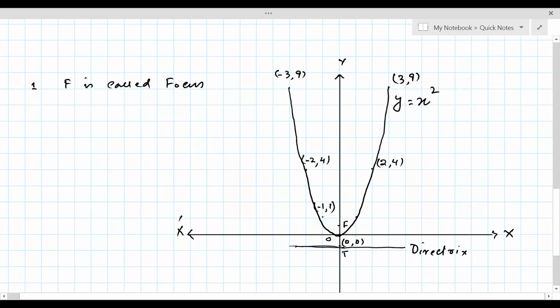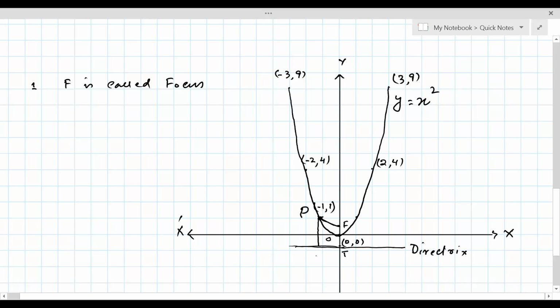And the property of F is that if you take any point on the parabola, let's take this point minus 1, 1, and call this point P, then the distance of P from F will be denoted by PF, and the vertical distance of P from this line, which we called the directrix, is exactly the same by the definition of a parabola.